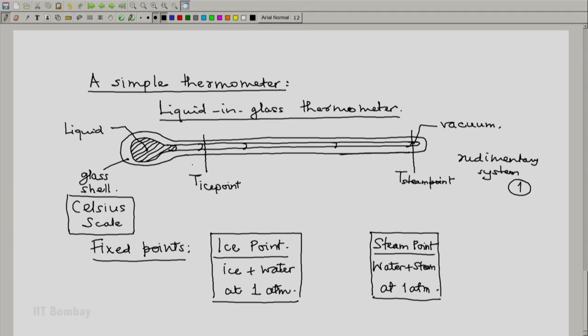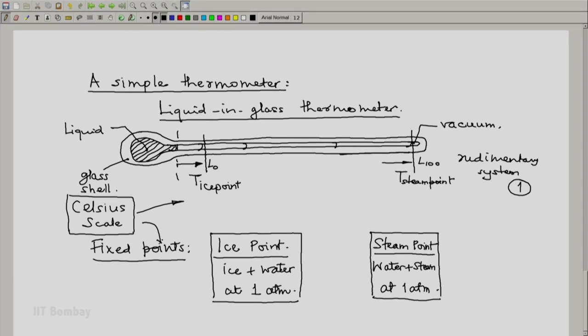What we have actually measured is the length of the thread at the ice point and the length of the thread at the steam point. Let us call these L0 and L100, from some reference location. Now again arbitrarily, but for the Celsius scale, we define the ice point.